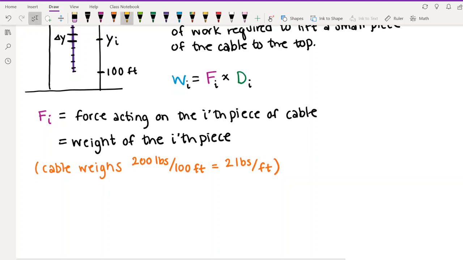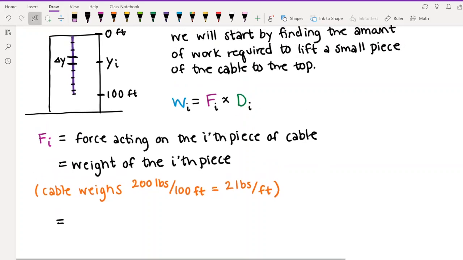And so if the cable weighs 2 pounds per foot, and we're talking about a piece of cable that has a length of delta y feet, how can we figure out how much this portion weighs? Well, let's forget about delta y for a second. Pretend that we're trying to figure out a portion of the cable that's 5 feet long. If someone told you the cable weighs 2 pounds per foot, how much does 5 feet of it weigh? You would multiply 5 by 2, right? It's the same idea. Delta y just represents the length of this portion of cable, and if we multiply that length by the density, that will give us the weight.